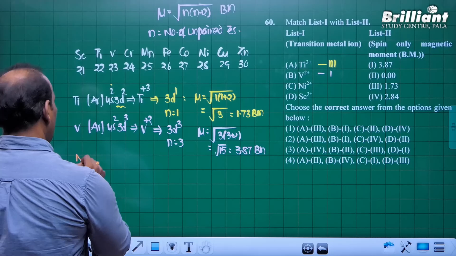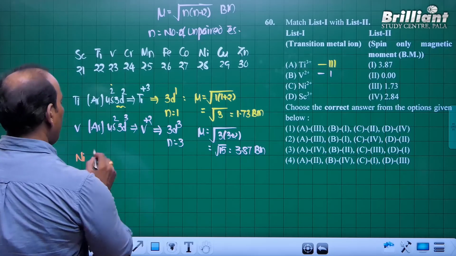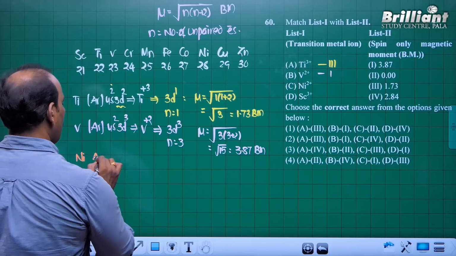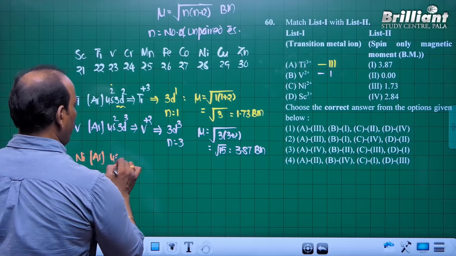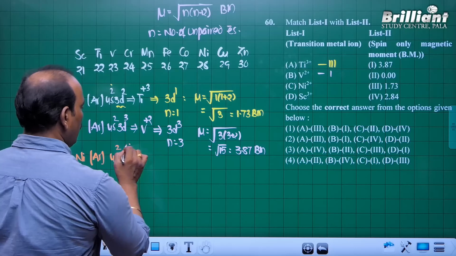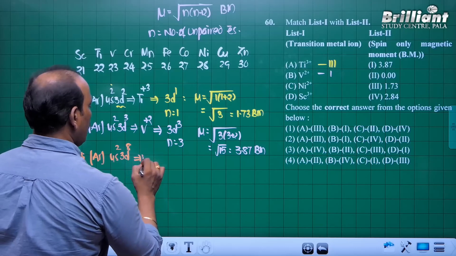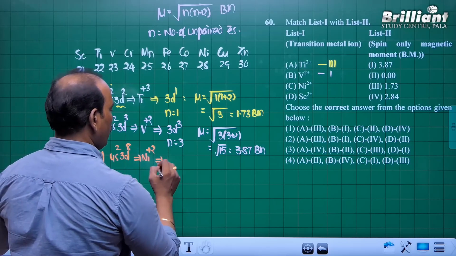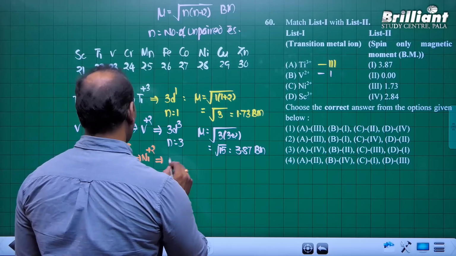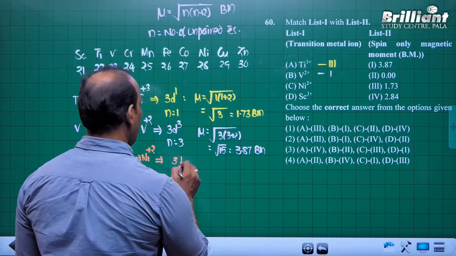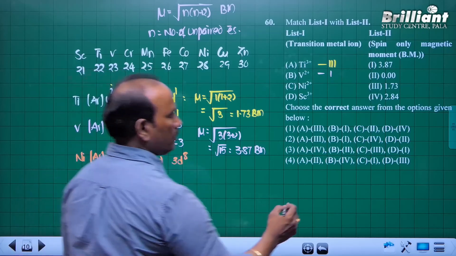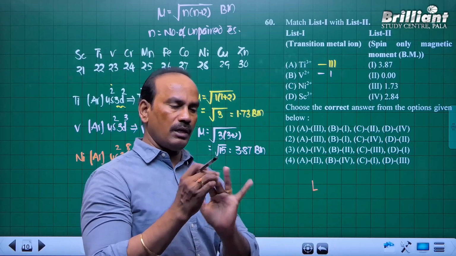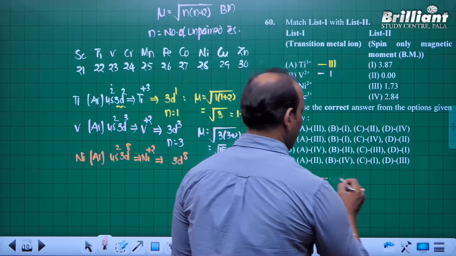Now the next one is nickel. What is the Z value? 28: argon core 4s2 3d8. Then nickel plus 2, so the configuration is 3d8. 3d8 means 1, 2, 3, 4, 5, 6, 7, 8, so 2 unpaired electrons are there.